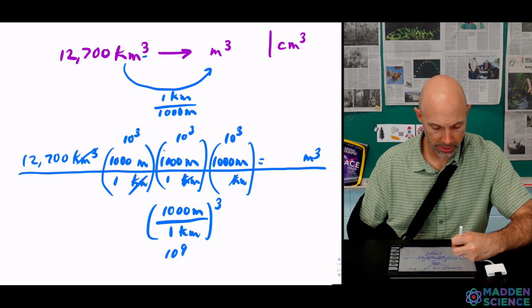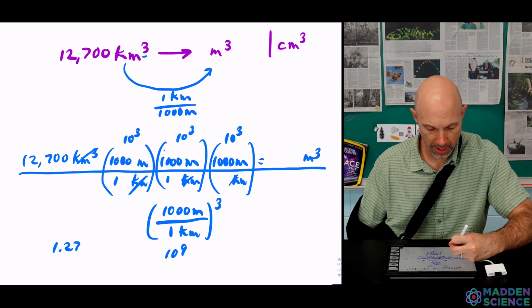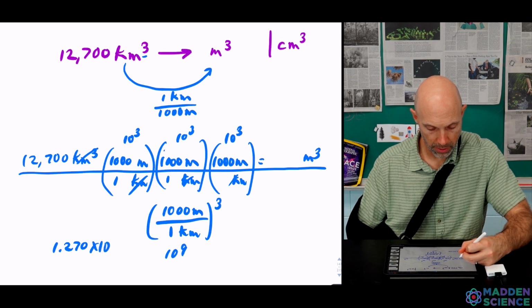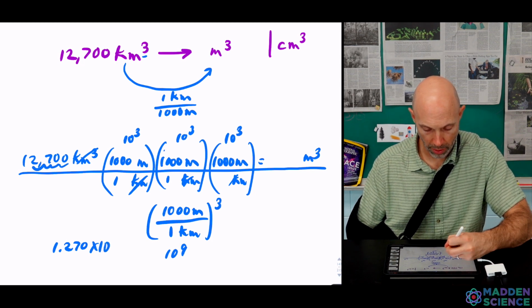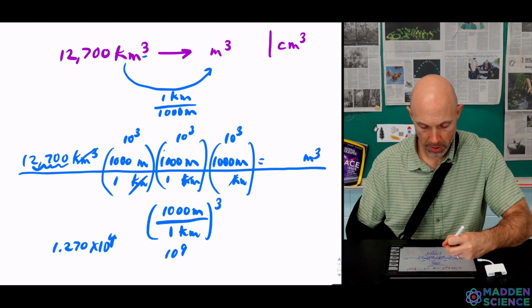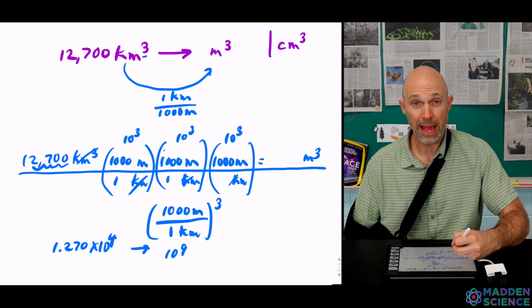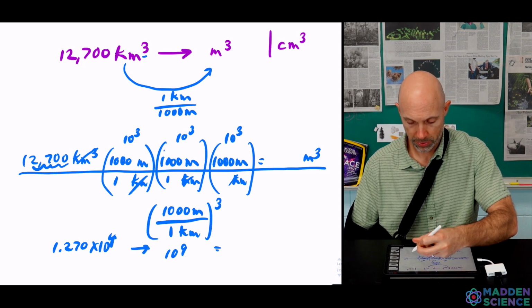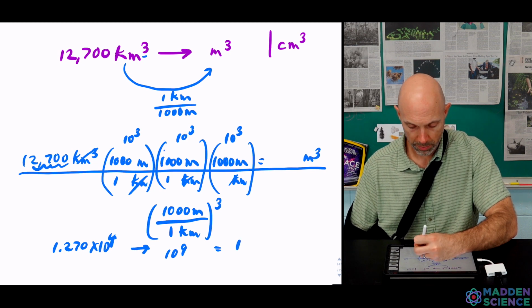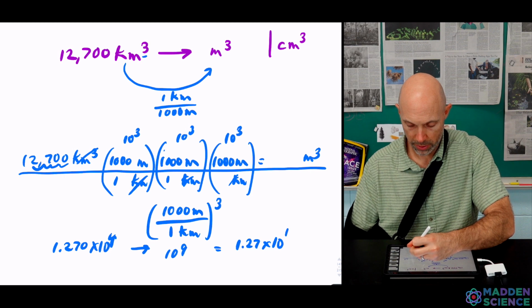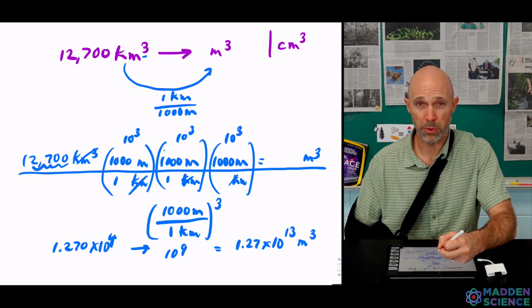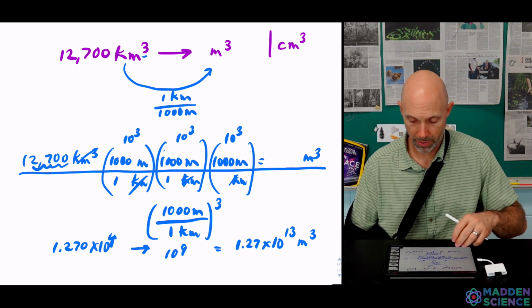Over here we could put that in scientific notation and put 1.270 times 10 to the 1, 2, 3, 4, which means that your final answer for up here would be 1.27 times 10 to the 13th meters cubed. So that's a pretty incredible number if you write that all the way out.